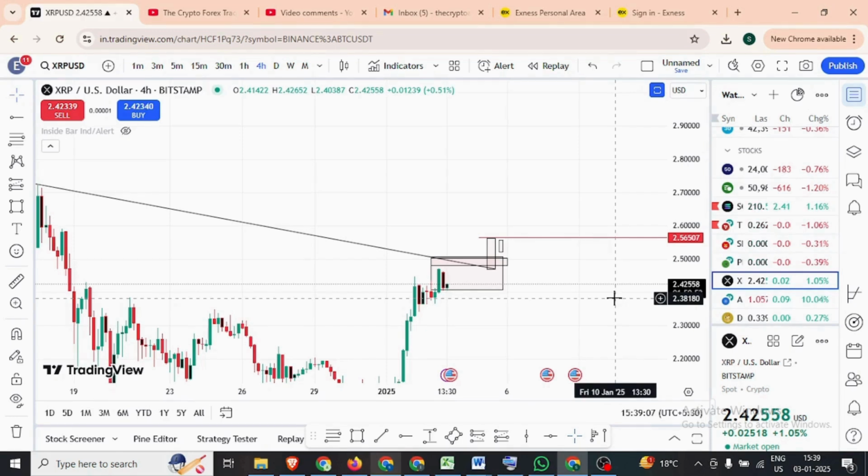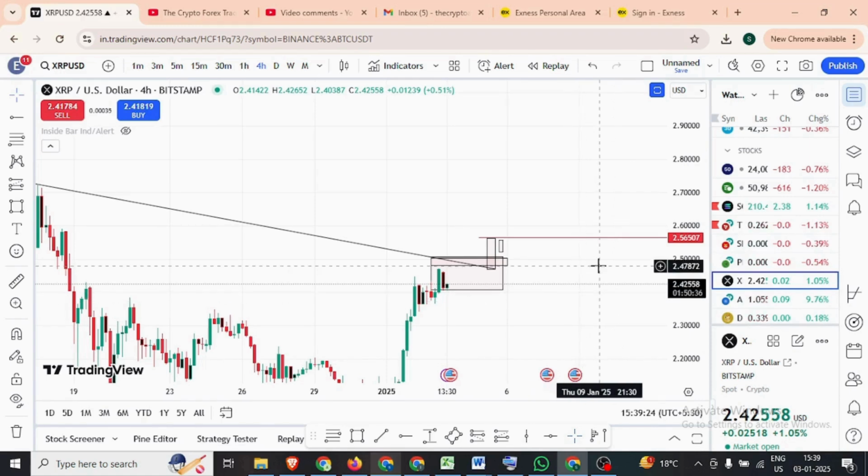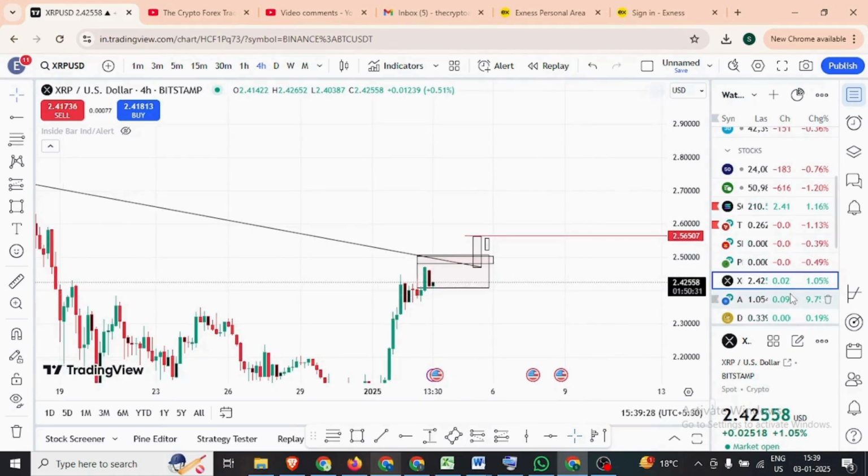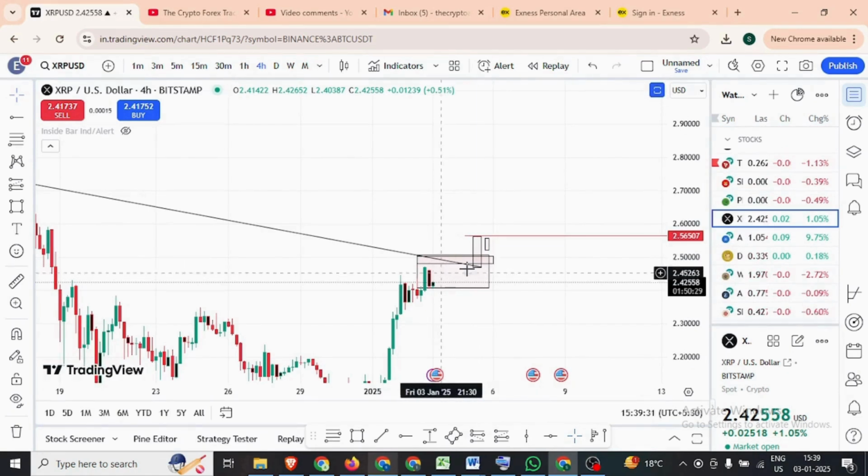After the breakout, make sure that the market forms the inside bar. After the inside bar, only then will you enter into a trade above the high of this mother bar candle, right? Okay, this is a trade plan for XRP USD if it works. Avoid it if it doesn't give the consolidation.